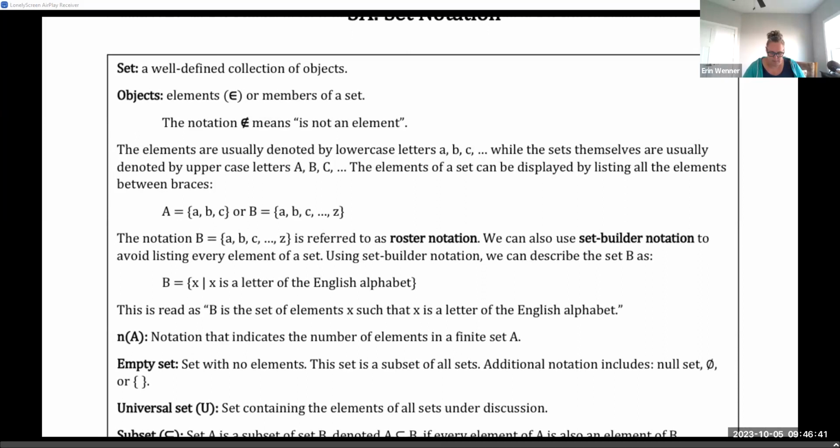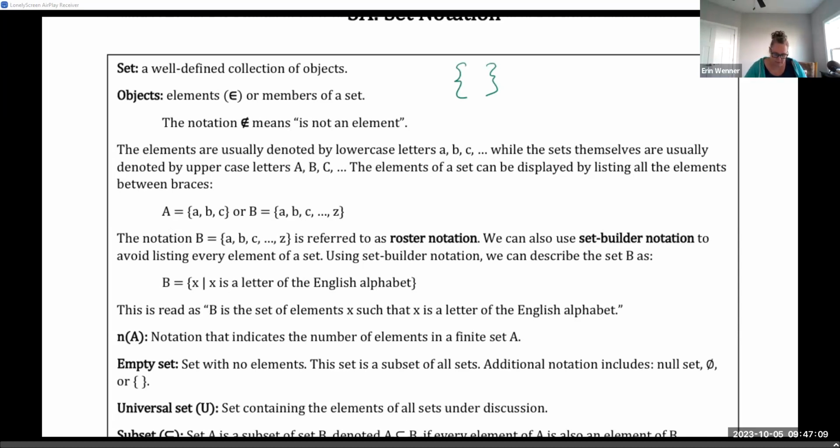The elements of the set can be displayed by listing all of them between braces. We use curly brackets. I know that these are difficult to draw, and I will be honest with you, after a while, mine just start to look like this. But again, we do our best. You don't want to use parentheses, though. You do want to use the curly brackets.